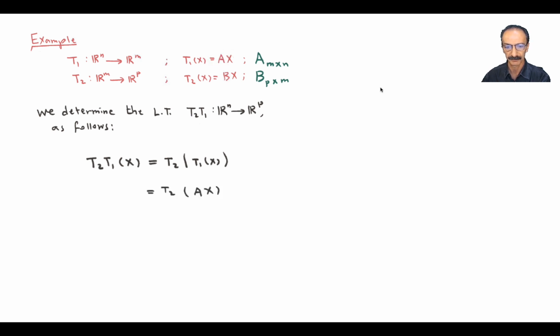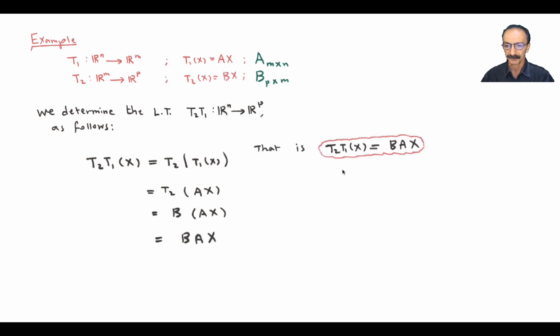So instead of T1 of X, we write AX. But how T2 works, you just multiply any input by B, the matrix. Here we go. So we multiply B times AX, which means I could write it as BAX. That is, T2 T1 of X equals B times A times X.